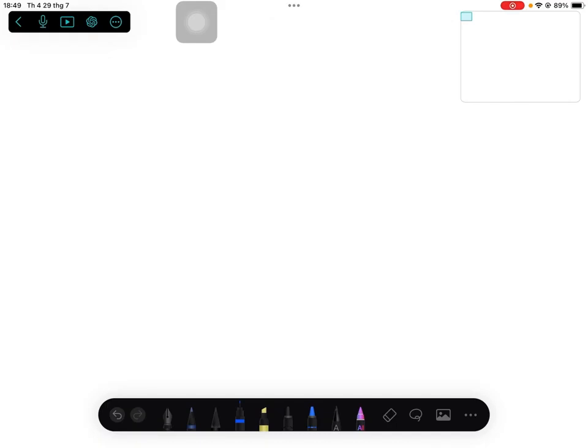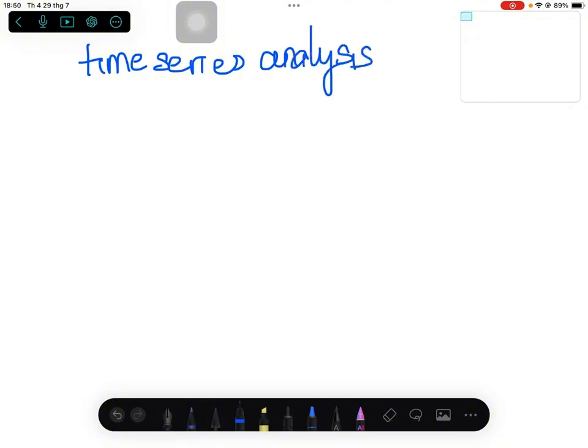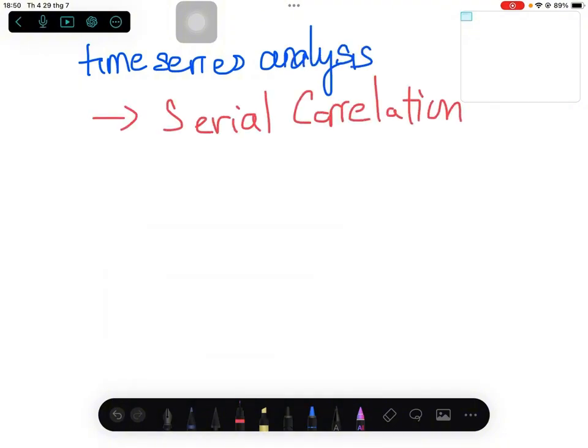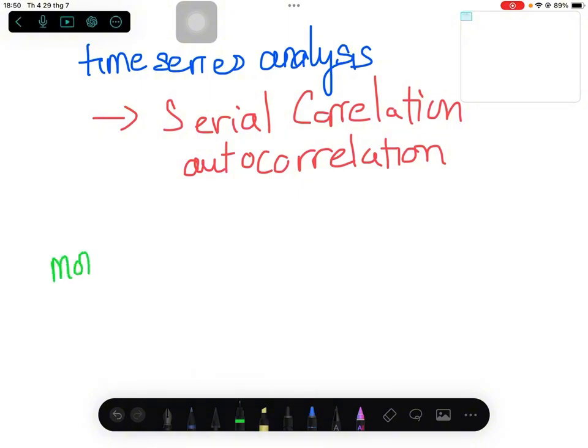The second violation appears more often in time series analysis. Serial correlation, also called autocorrelation. Think about forecasting monthly inflation, or GDP growth or bond yields. Today's economy influences tomorrow's economy.